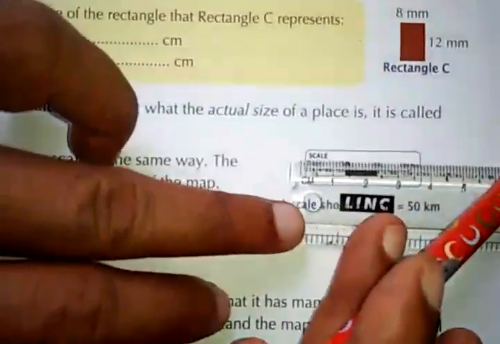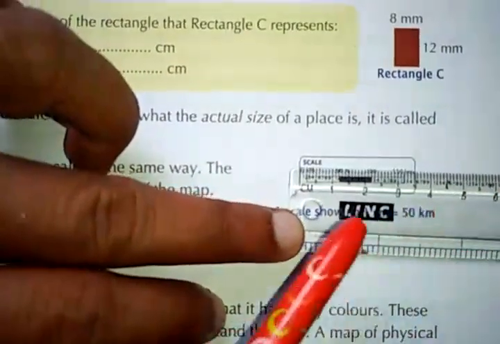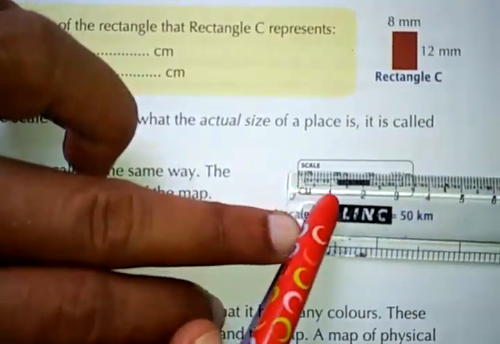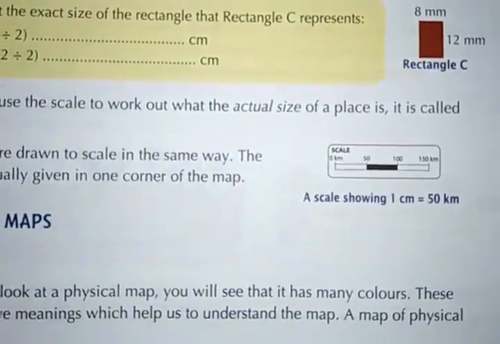Look at here, this is exactly 1 centimeter. So children, what is 1 centimeter on the map? That is actually 50 kilometer on the ground. So this is called scaling up.